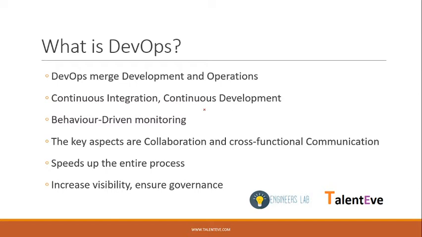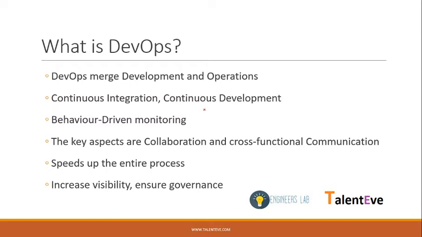So DevOps merges development and operations. You can see development is the development team, and operations is where they work on the end product. If they come together, you know the advantages. They can give continuous feedback. In a big software project, there will be a number of people who work on it.